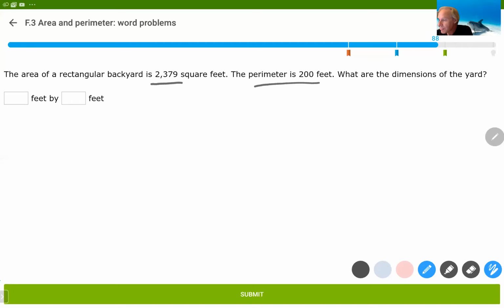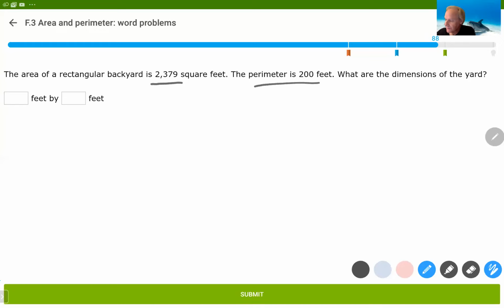All right. 13 and 7 does not end in 9. We also want to try. Oh, duh. Okay.